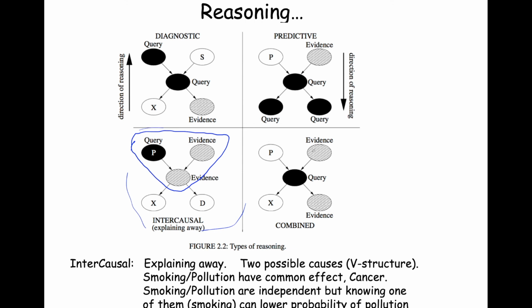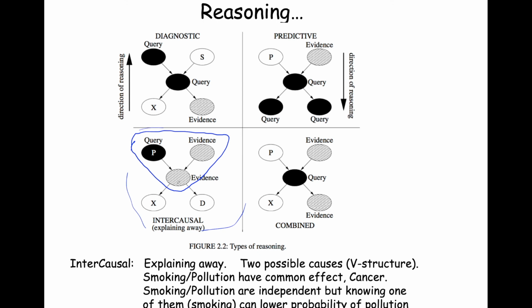And so what explaining away does is that you have two possible causes, or V structure. So here we have cancer, and the two causes are either pollution or smoking status. So you have two possible causes, and you want to know which effect has a greater influence. And so here our evidence is going to be cancer. Someone has cancer. You're going to condition on that evidence, whether the cancer status is positive or negative, true or false.